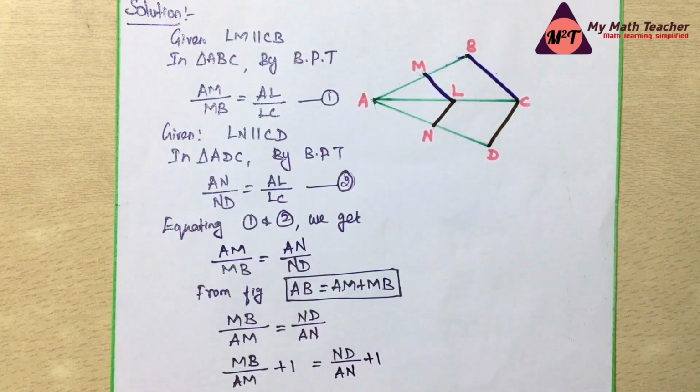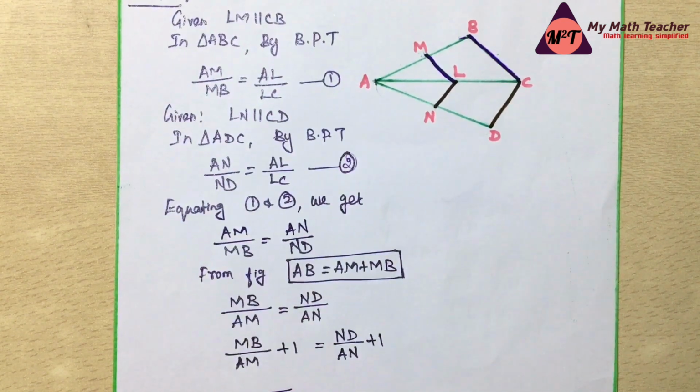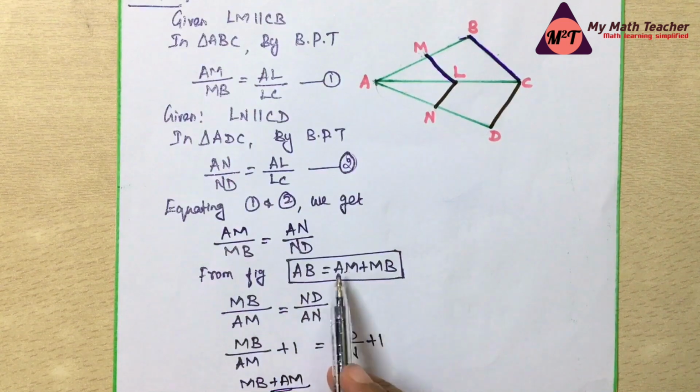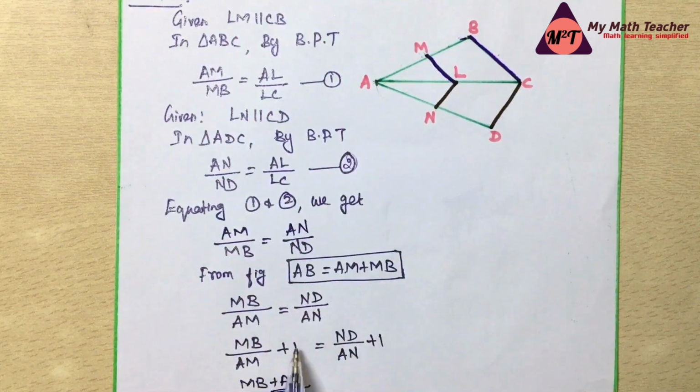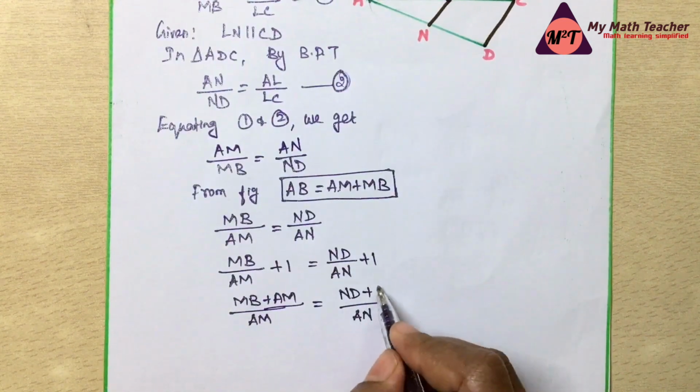Okay, so why are we adding 1 onto both sides? Because when you take the LCM here, it is AM. So you'll be writing MB plus 1 into AM, which is AM. This is what we need to get, AB. That's why we are adding 1 on both sides, which is equal to, the same way take the LCM as AN, the numerator is ND plus 1 into AN is AN.